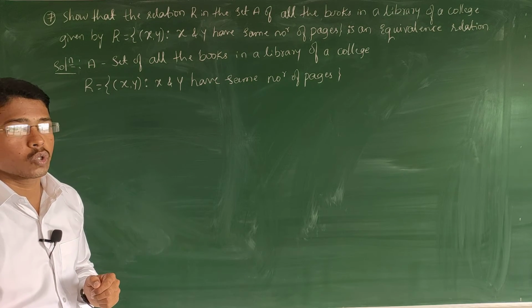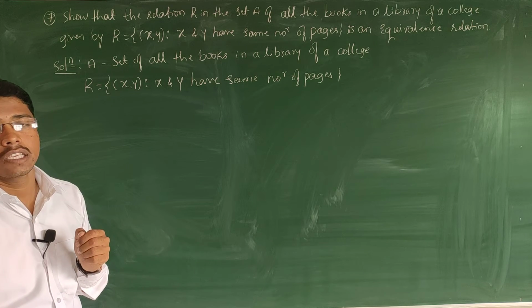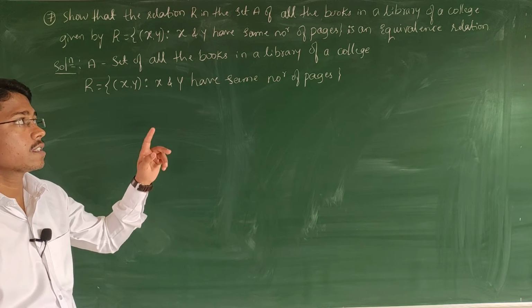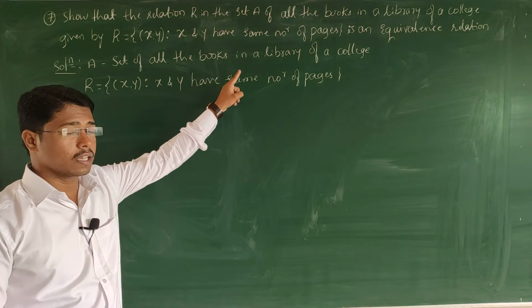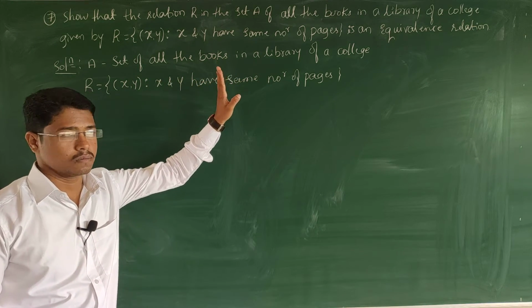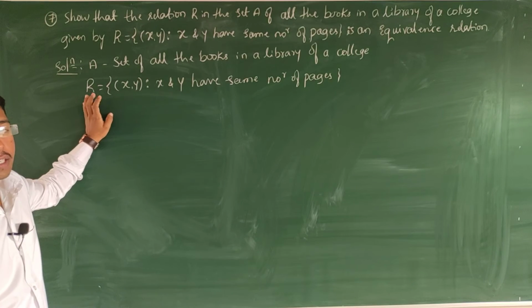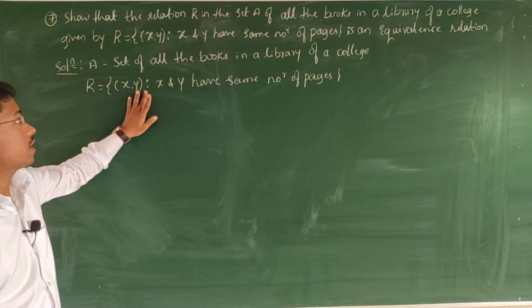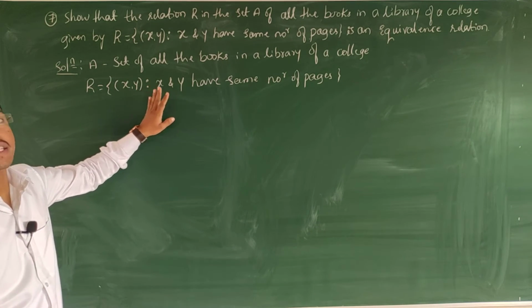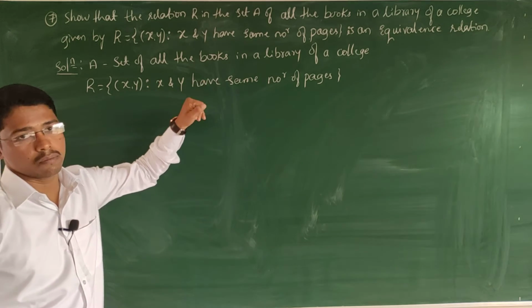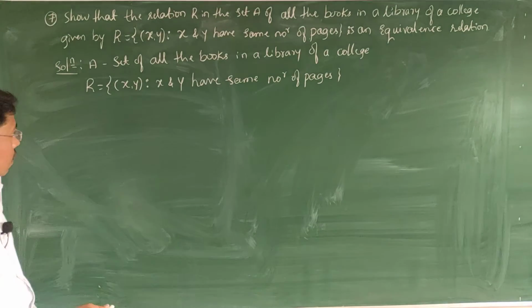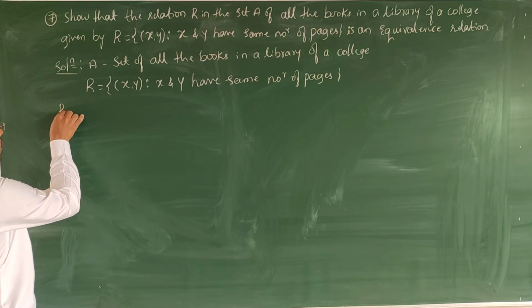So we have to show that R is an equivalence relation, and the set A is the set of all the books in a library of a college. R is a relation X, Y such that book X and Y have the same number of pages. Okay, reflexive relation, check the reflexive.